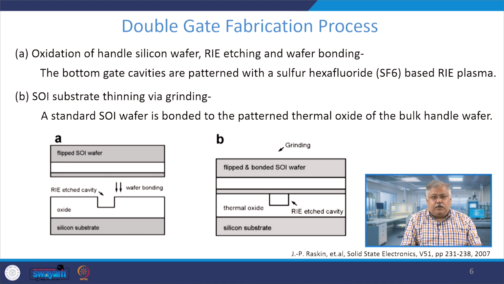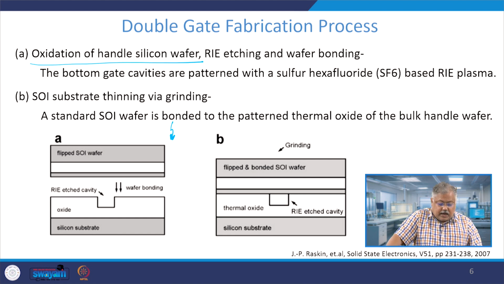So, in part A of the double gate fabrication process, you oxidize the silicon wafer, then you do an RIE plasma, and then you do a wafer bonding. And the bottom cavity is the cavity here.